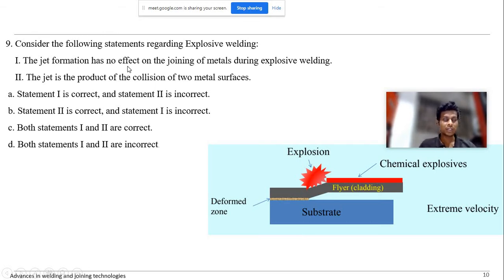Proper jetting needs to be achieved so that a sound joint is formed. The jet is a product of collision of two metal surfaces. Yes, this is true. So for the ninth question, statement two is correct and statement one is incorrect.